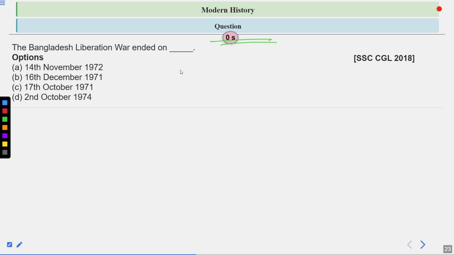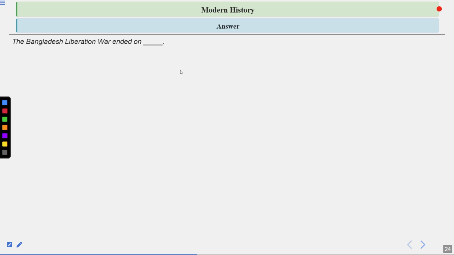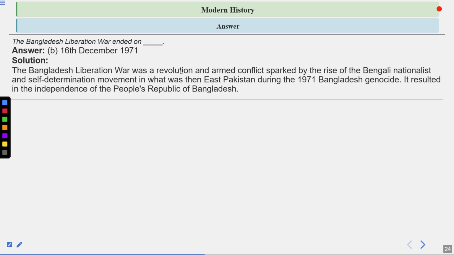Time's up. The correct answer is B, 16 December 1971. Solution. The Bangladesh Liberation War was a revolution and armed conflict sparked by the rise of the Bengali nationalist and self-determination movement in what was then East Pakistan during the 1971 Bangladesh genocide. It resulted in the independence of the People's Republic of Bangladesh.